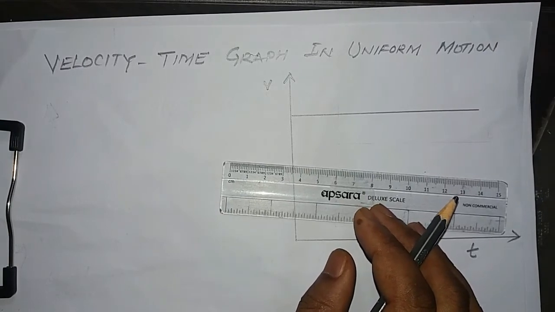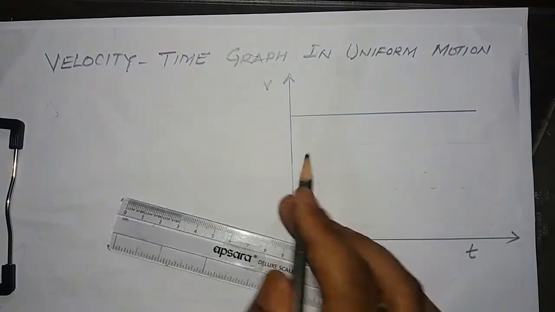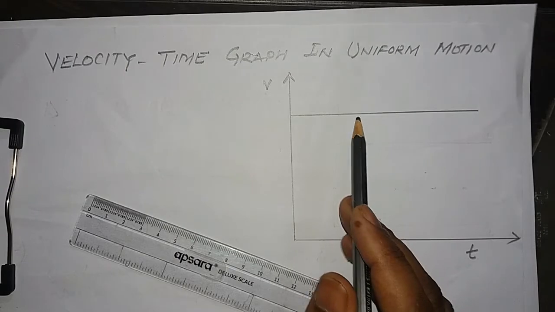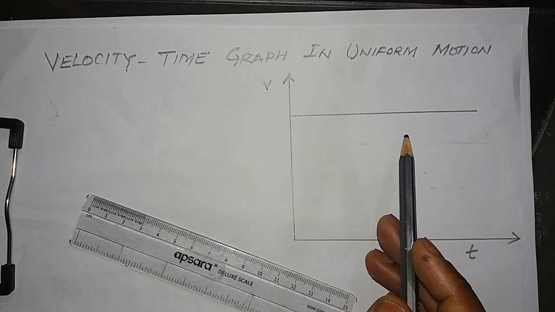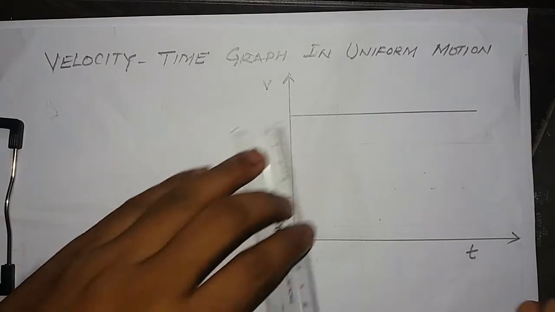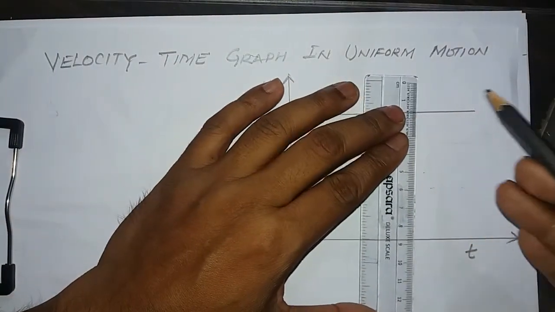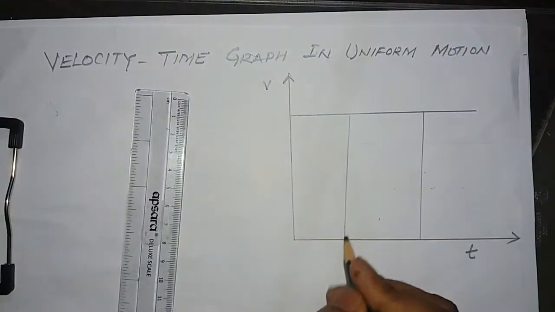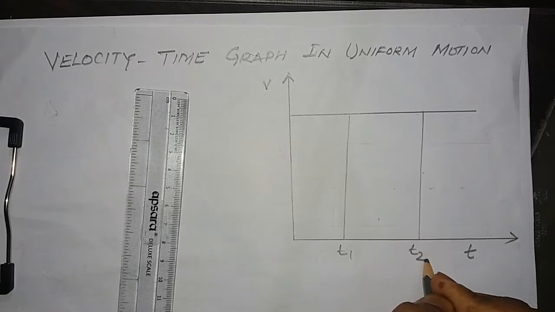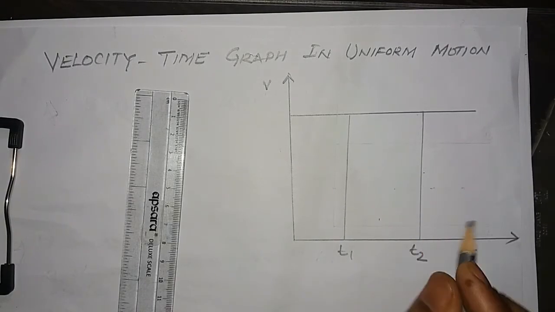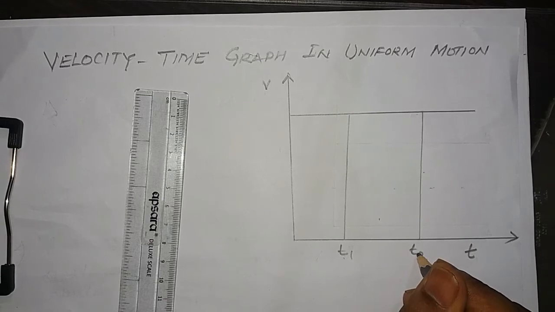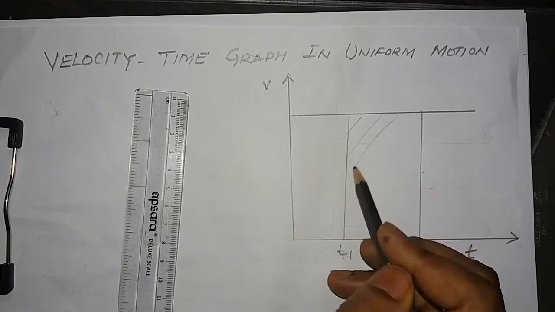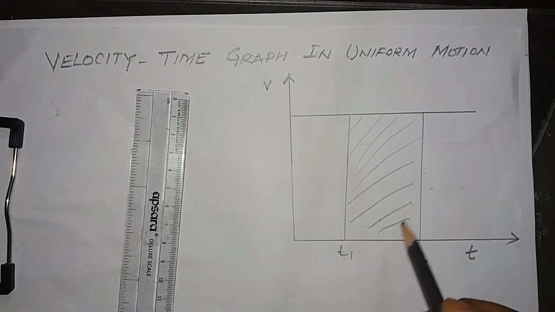Now the velocity time graph of a moving object helps us to calculate the displacement of the object in a given time interval. If I want to calculate the displacement of the body in the time interval T1 and T2, then the area under this curve will give you the displacement.